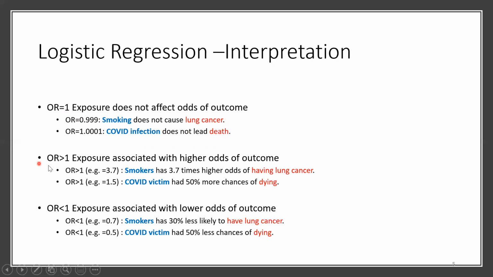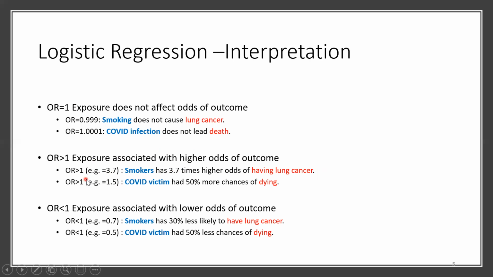But if the odds ratio is more than 1, there is a positive association between the exposure and the outcome. For example, if the odds ratio comes out to be 3.7, we say smokers have 3.7 times higher odds of having lung cancer as compared to non-smokers.